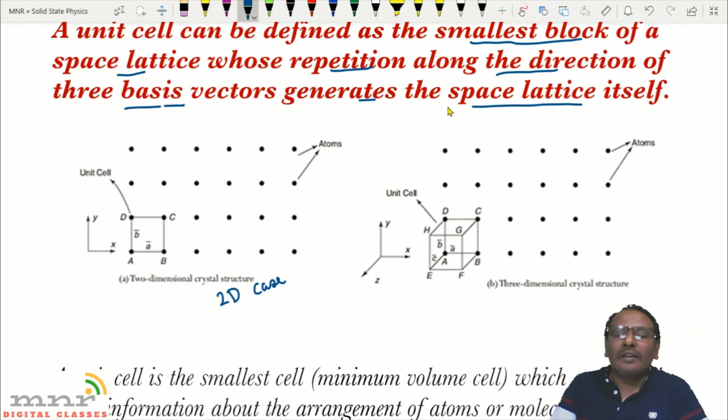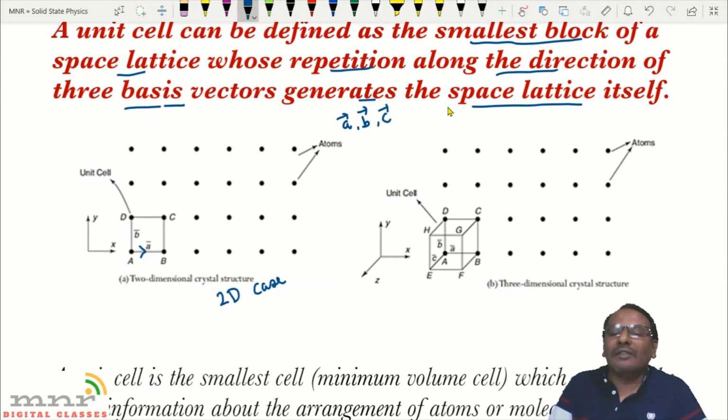Now observe here, an atom can be repeated in three-dimensional space to generate the crystal structure. The directions along which an atom can be repeated in three-dimensional space, we generally represent using three vectors, A bar, B bar, C bar.